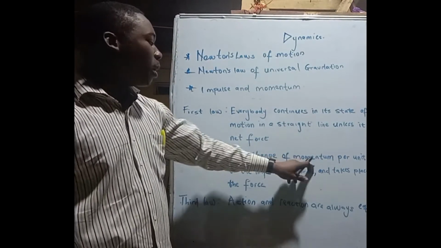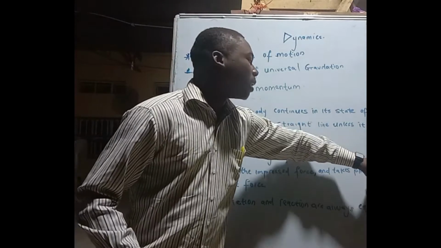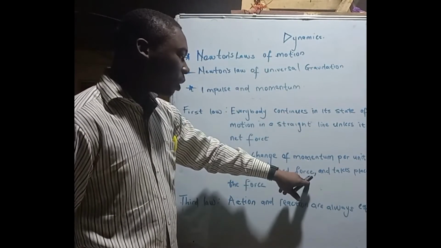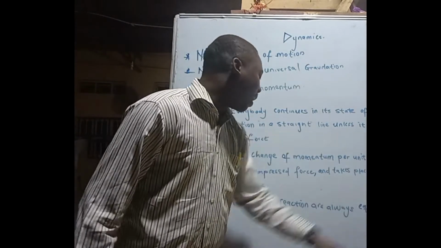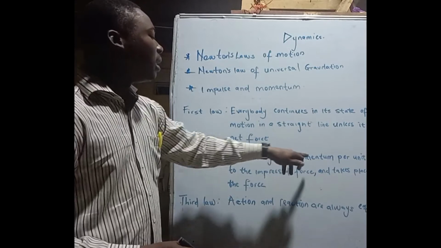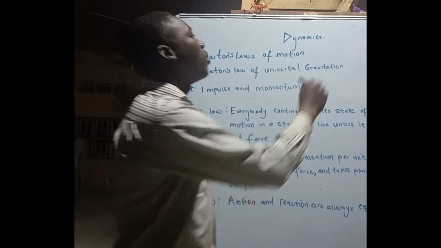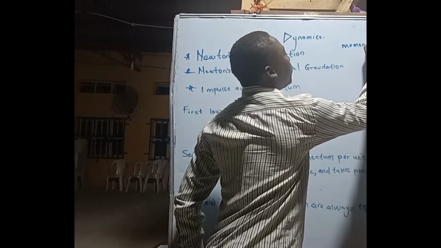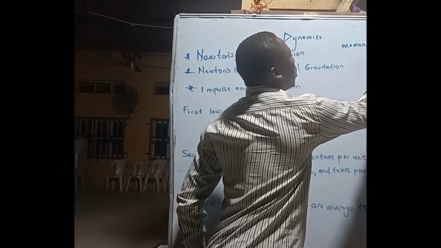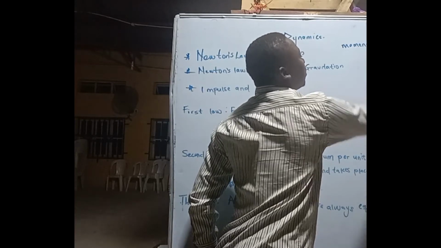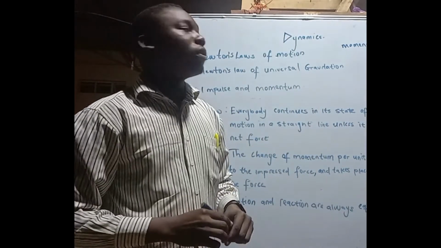The change of momentum per unit time is proportional to the impressed force and takes place in the direction of the force. Let me briefly explain that. Momentum is mass times velocity, the mass times velocity of the body.